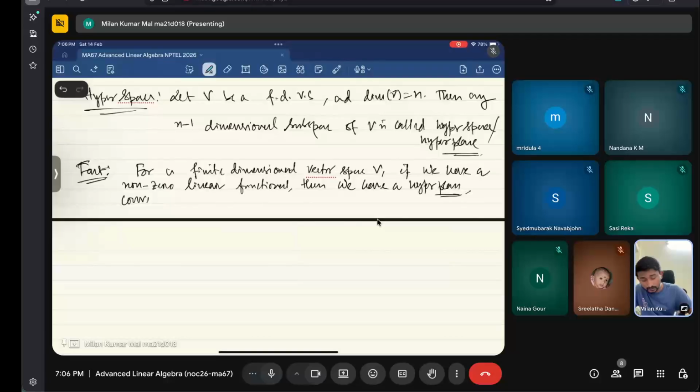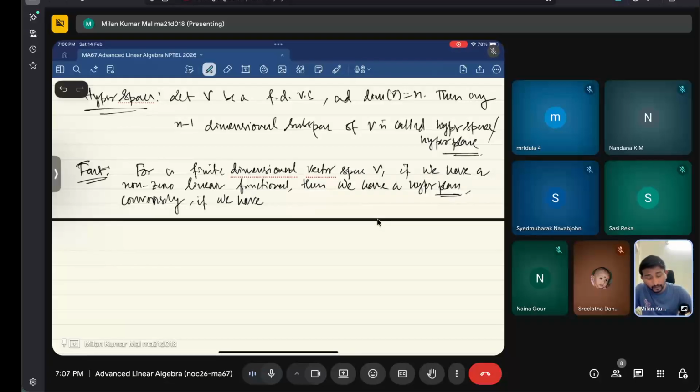Conversely, if we have a hyperplane, why will you get a non-zero linear functional? I am not proving that, but it is also a two or three line proof. You have to span that space, and that's all, nothing else.